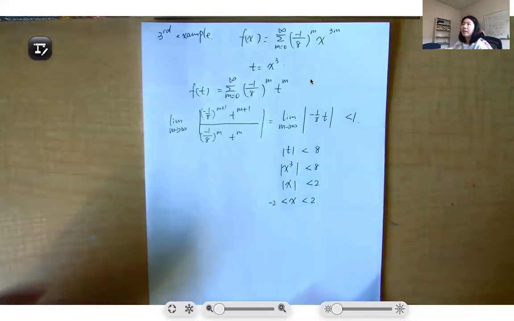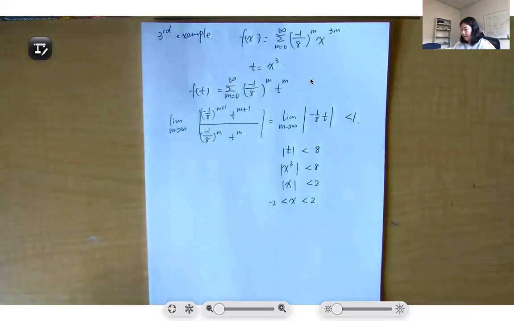So as you have a power series, you first need to test the radius. If the absolute value of the ratio of the m plus 1 step compared to the m step is smaller than 1, then that means it will converge. If that is over 1, it won't converge.